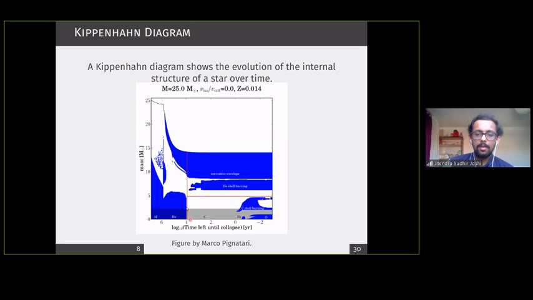And after helium burning phase, we also have helium shell burning. And you can see here, there is no nuclear fusion happening inside the core of the star. The burning, that is the nuclear fusion, is happening in the envelope and not in the core.